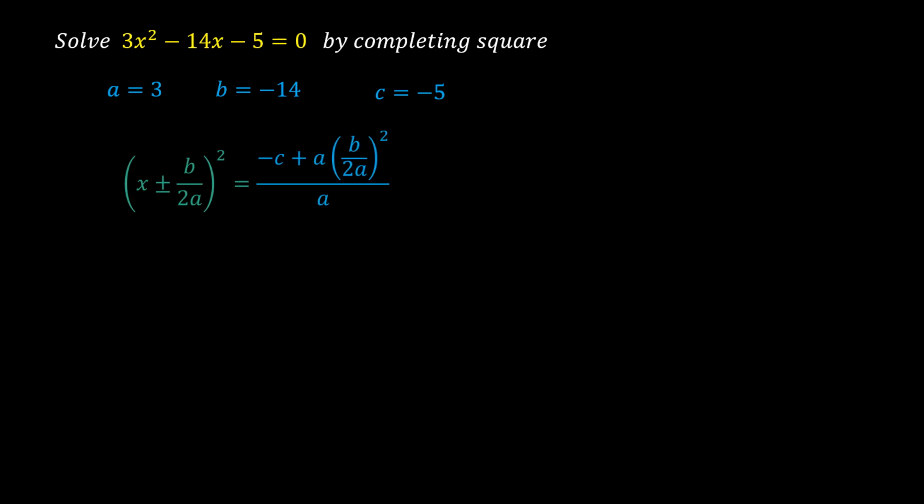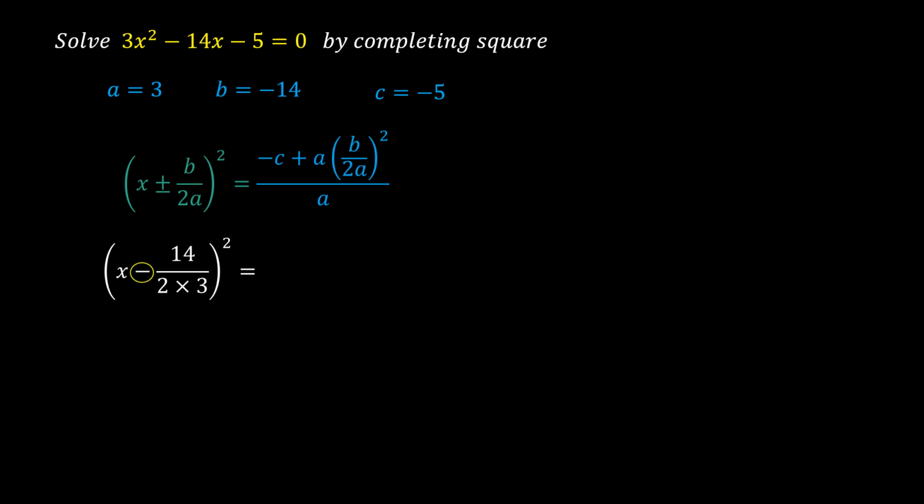The formula for completing the square is this: (x ± b over 2a)² = -c + a(b over 2a)² over a. Now I will substitute the three values in this formula. On the left side, you will have (x - 14 over 2 times 3)².